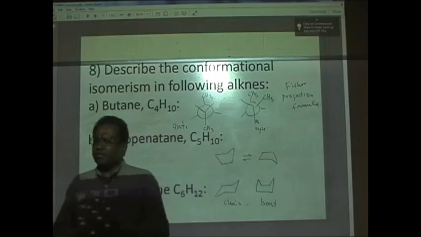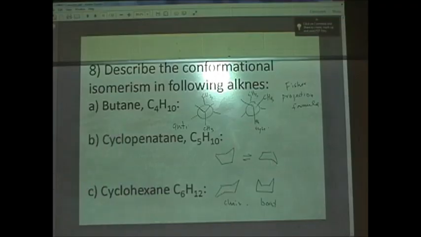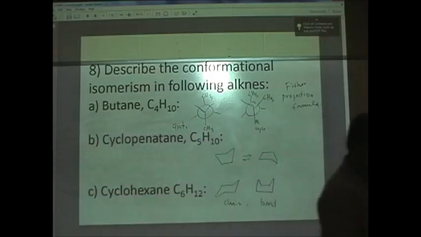All right, which one is more stable? Chair or the boat? Chair. This one has these two hydrogens hitting each other. So therefore, the stable conformation is the chair. Sometimes they go through this and then do flipping, but that is high energy, right?